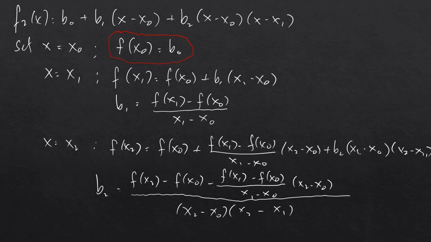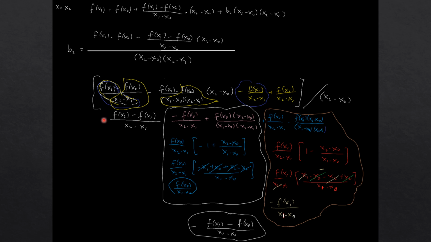So we continue in the next slide. The following slide provides us the simplification done on our equation in order to solve for b sub 2. So for f of x2 equal to f of x sub 0 plus f of x sub 1 minus f of x sub 0 all over x sub 1 minus x sub 0 times x sub 2 minus x sub 0 plus b2 times x2 minus x0 times x2 minus x1.